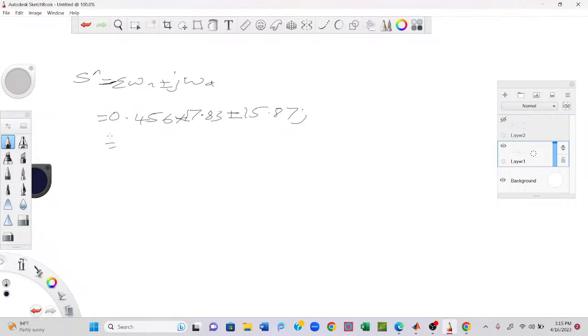That will give us negative 8.13 plus j 15.7. So this is the new pole.